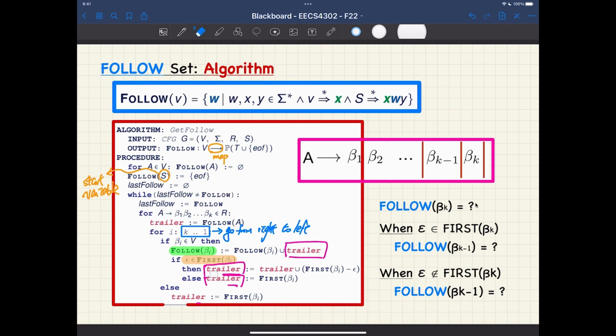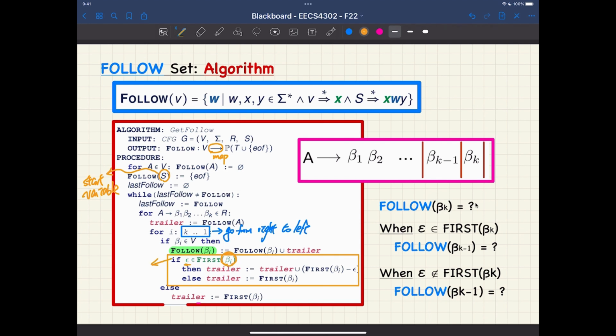And for that one, I'm going to make some remark, and then we'll do exercise after that. Okay? So what I want you to pay attention to is this part here. We are checking to see whether beta i is nullable. Okay? If it is, we do something. If it is not, we do something else. All right?